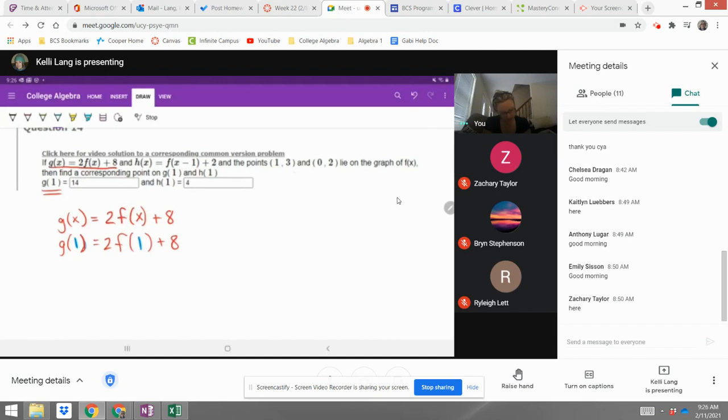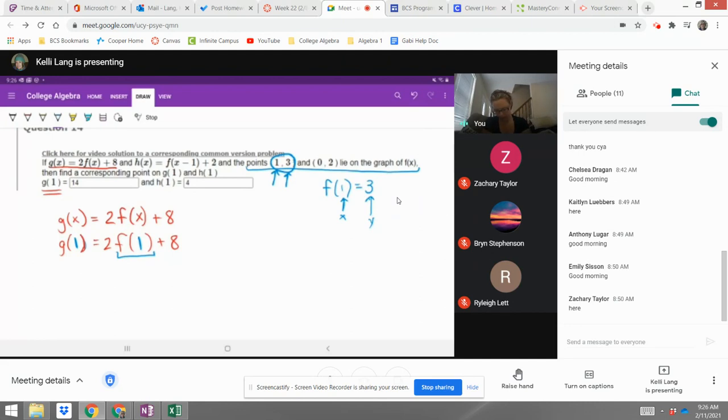Well, it says here that these points lie on the graph of f. If this is a point in f, that means when you plug in 1 as x, you get out 3. Or another way to write that is f of 1 equals 3. The x value spits out the y value. So f of 1 is 3, based on the fact that we know this point exists on f.